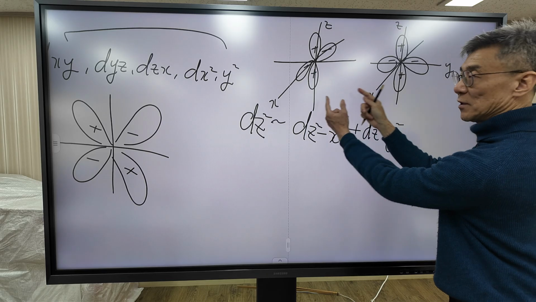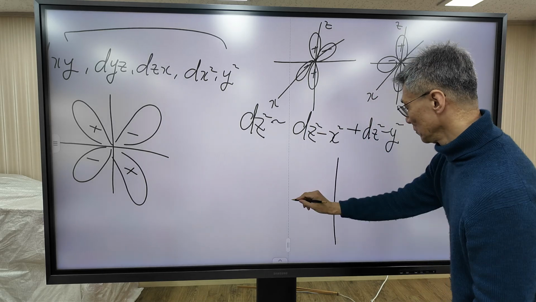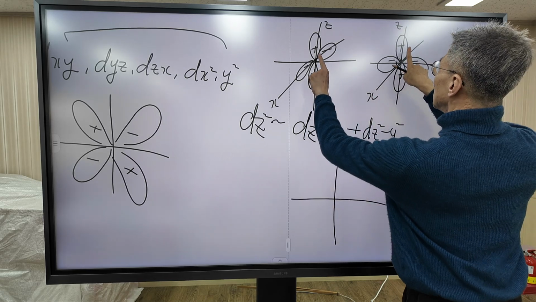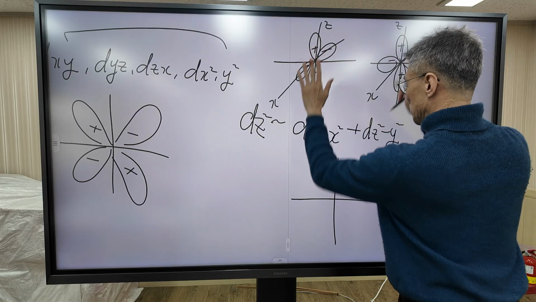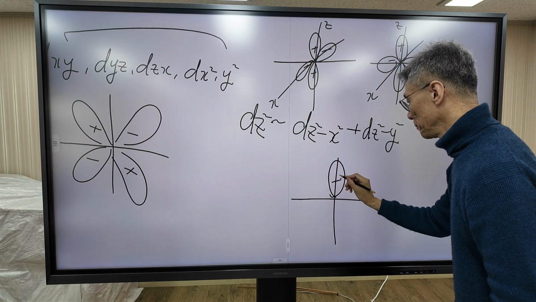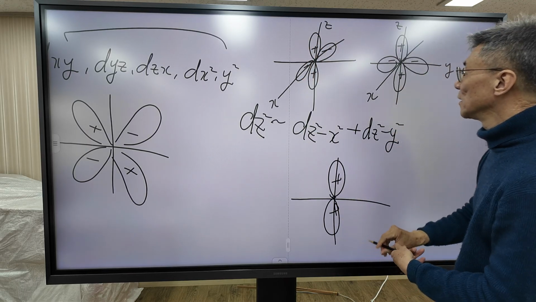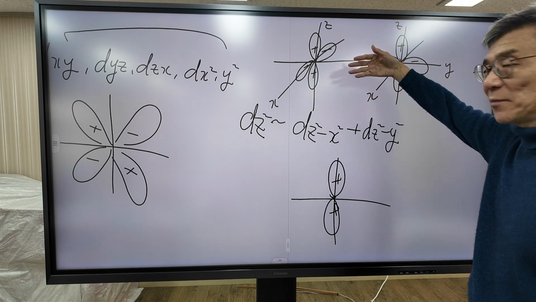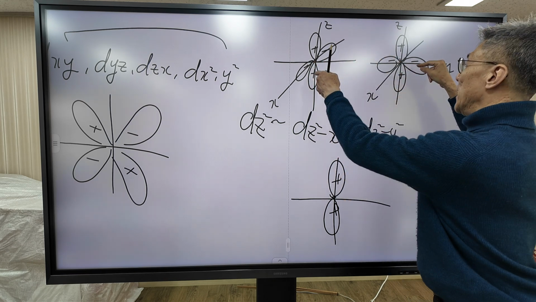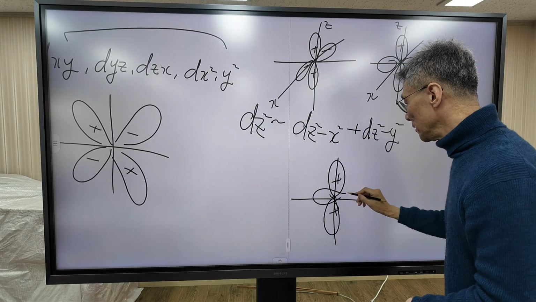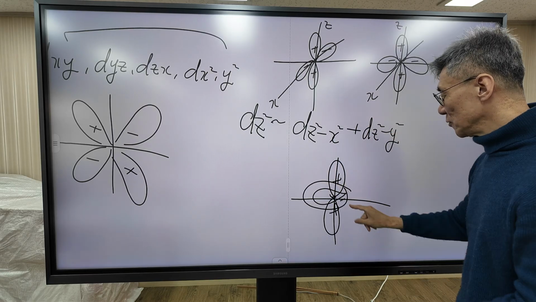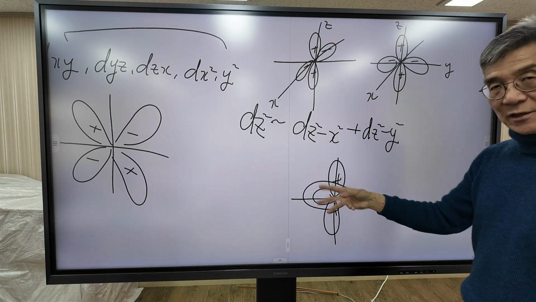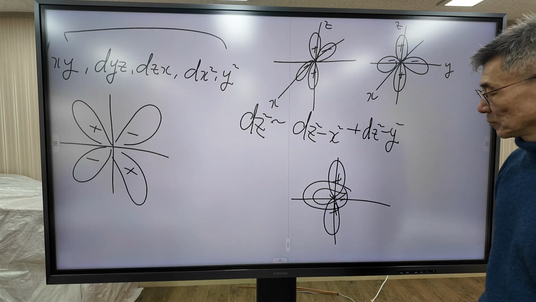When you add these 2 orbitals, the shape in the z direction is the same. But in the xy plane, the x direction and y direction are perpendicular to each other. When you add these two functions, you obtain a donut-shaped function, which is this z squared orbital.